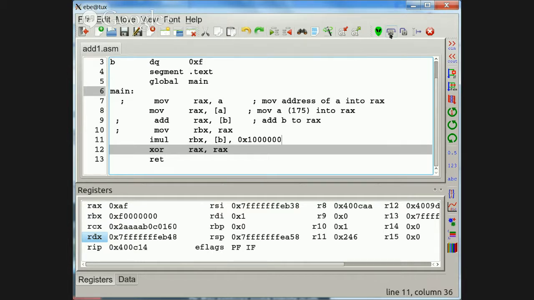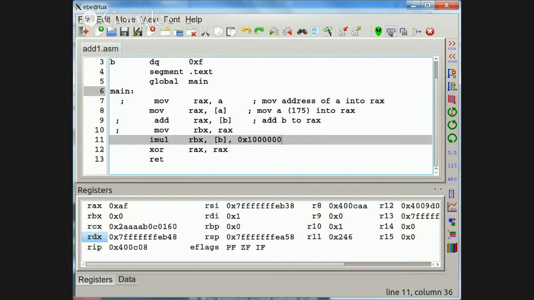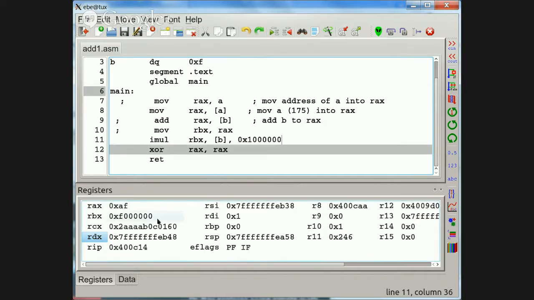Oh, is it not putting the product into RDX and RBX? The only one which does the combination register for a 128-bit result is the one-operand IMUL. The 3-operand and the 2-operand IMULs don't modify additional registers.